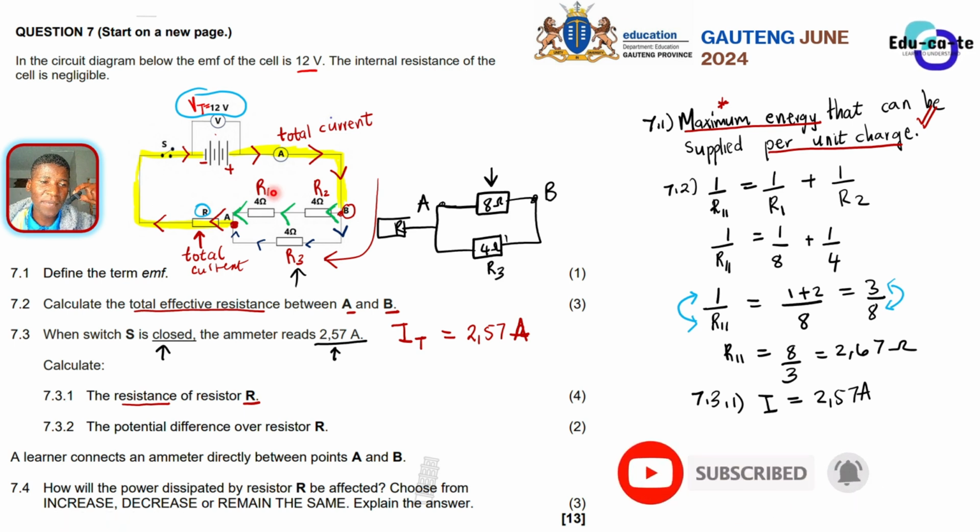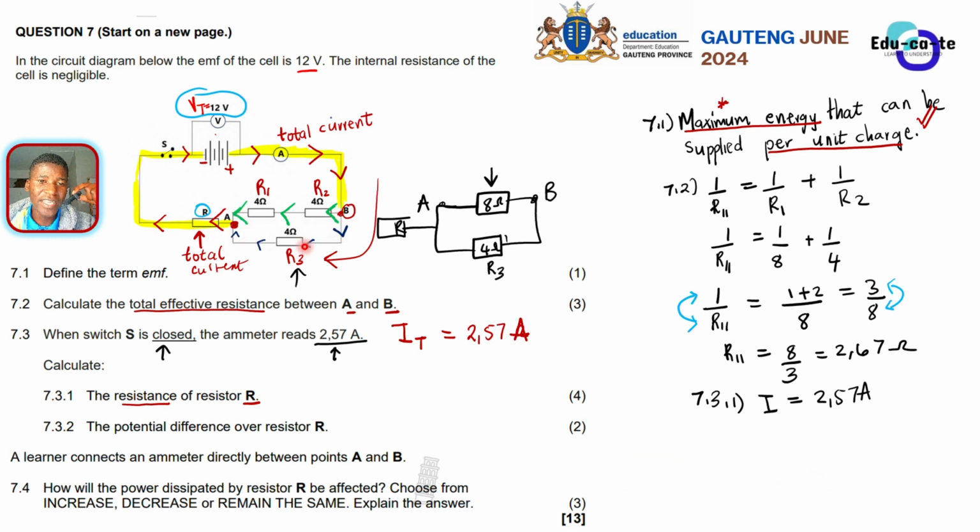Remember that when it gets to this parallel combination, it will be the same voltage. So the voltage that will enter through this parallel combination plus the voltage that will be found on resistor R will be equal to 12 volts. That's the total, because remember that this resistor R is connected in series with this parallel combination. So if we combine their voltages, we should get 12 volts, right?